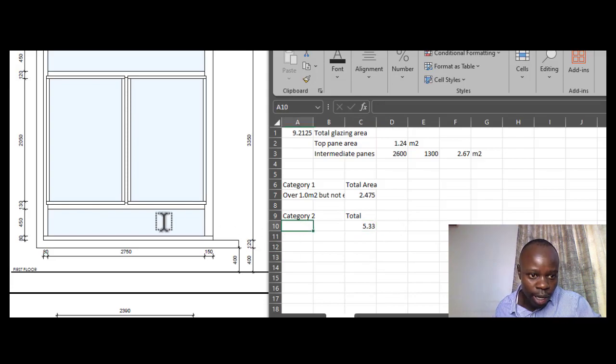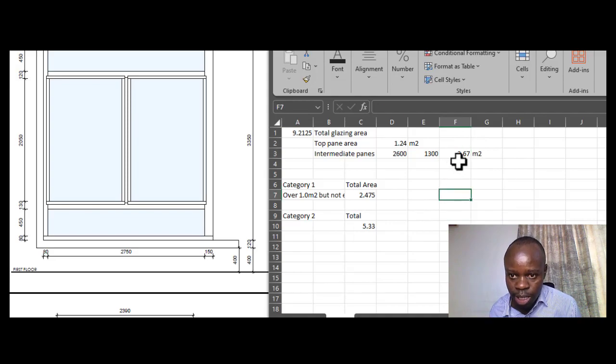But then now the category, which one do we classify it into? You see the area that we got for one pane is 2.67.